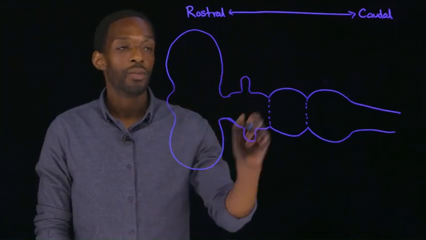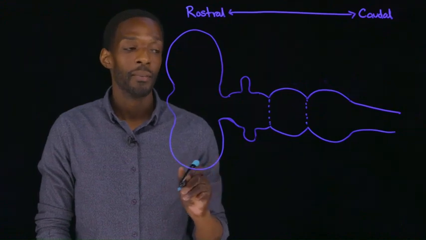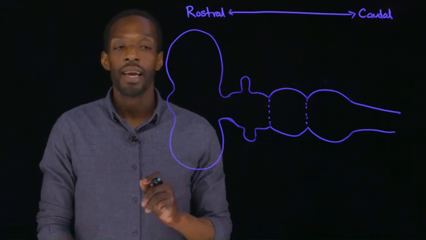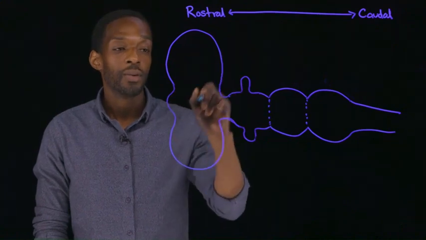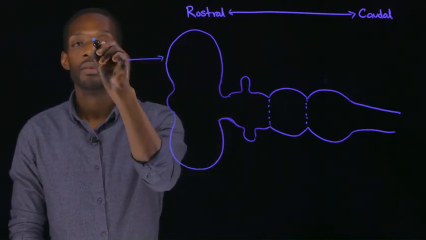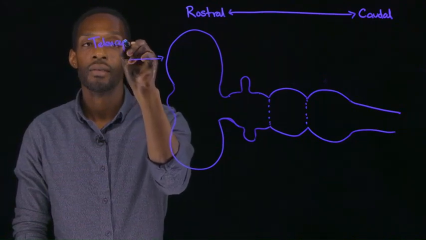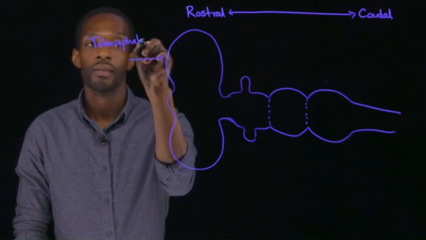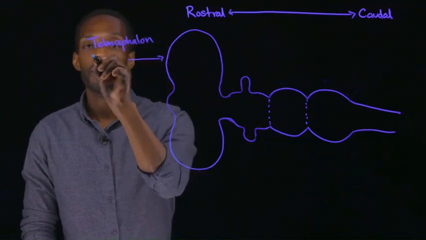If we look at the most rostral part of the neural tube, this is where you would find the prosencephalon, and it can further be subdivided into two different structures. The most rostral part of the prosencephalon is the telencephalon. And this structure will give rise to the cerebrum.